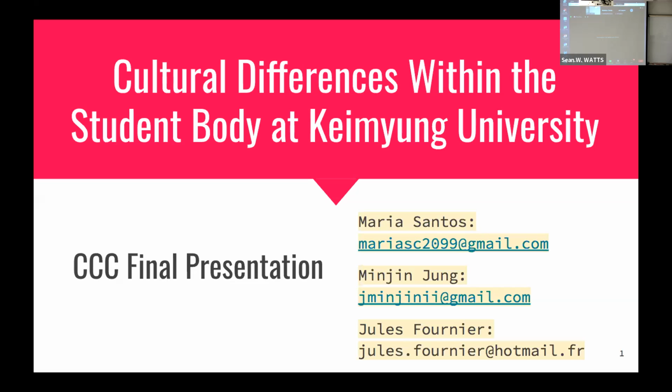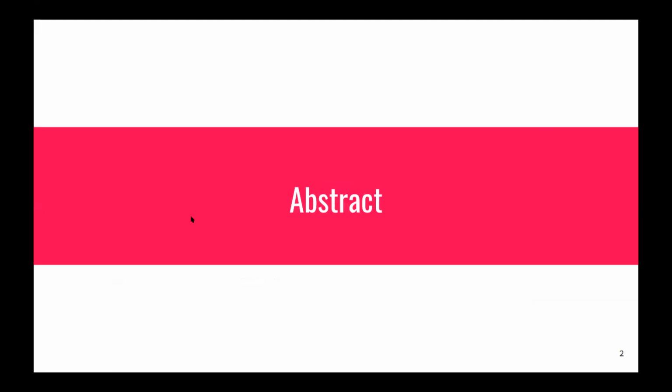It's here already. So, hi everyone. This is Maria, Minjin, and Jules. Our project was about cultural differences within the student body at Kenyon University. So first, we're going to present our abstract.